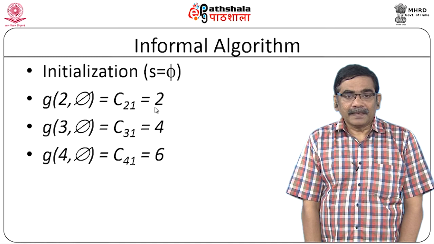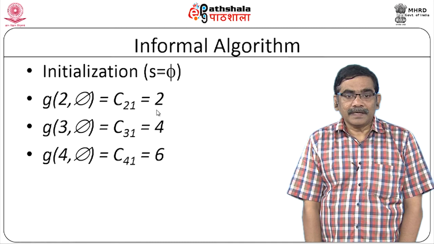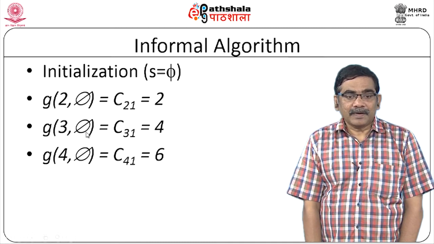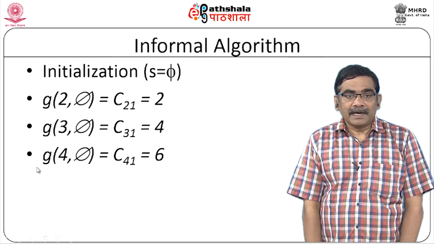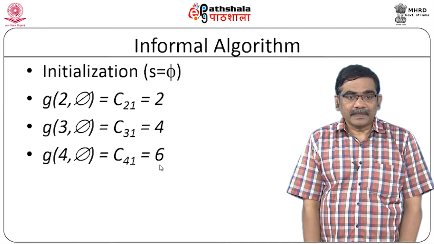In the graph I have not given the cost, but you can observe and note that c 2 1 is going to be 2. Similarly, I can find g of 3 comma null, it is going to be c 3 1, which is 4, and g of 4 comma null is going to be 6. So, this is our first level.